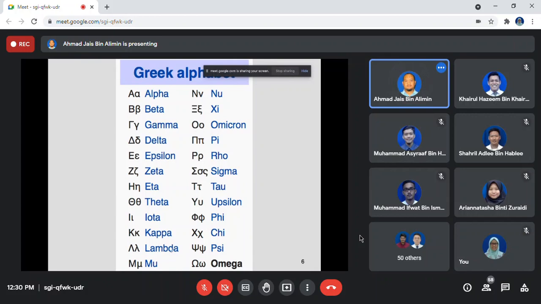So these are the common Greek alphabets that are being used in thermodynamics. Why do I talk about this? Because when you write down your answer script, you need to write it clearly. For example, you're talking about gamma, you're talking about epsilon, then is it E or is it epsilon or is it number 3? So all of this has their own meaning, especially in thermodynamics. For example, here omega, you're talking about the humidity, then the way you write your equation must be clear so as not to be confused with other parameters that you are dealing with.